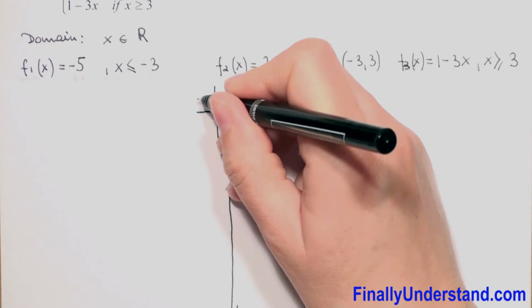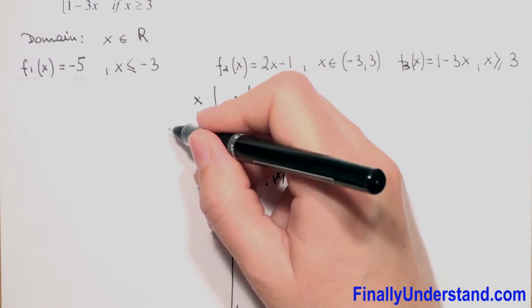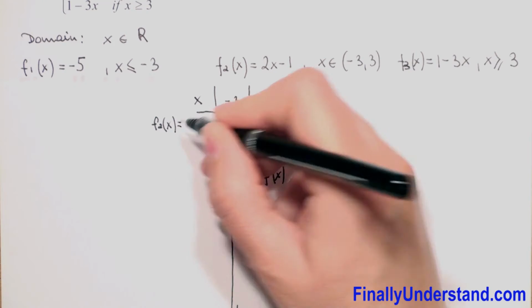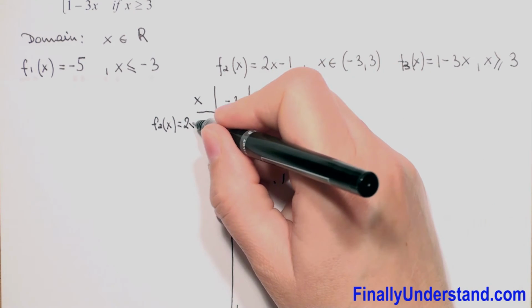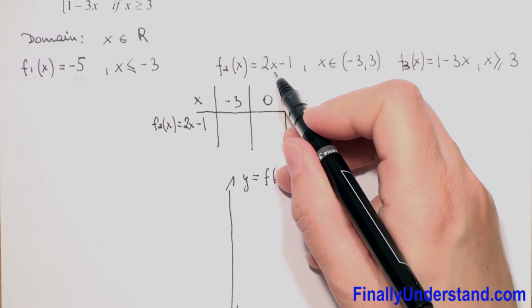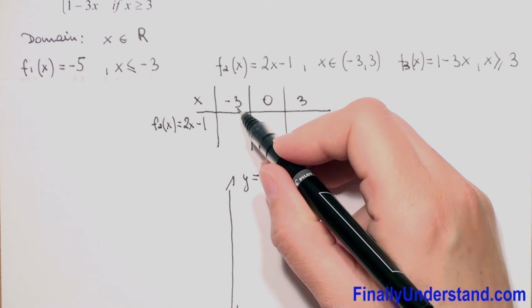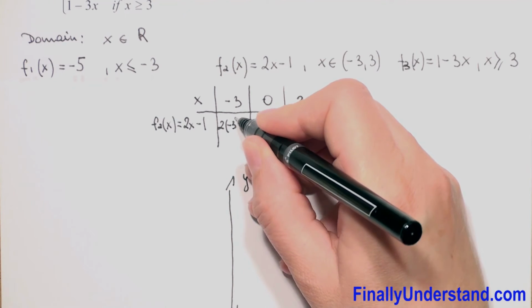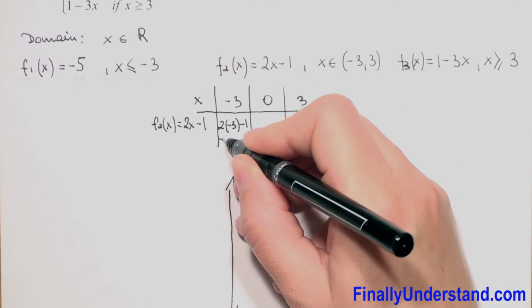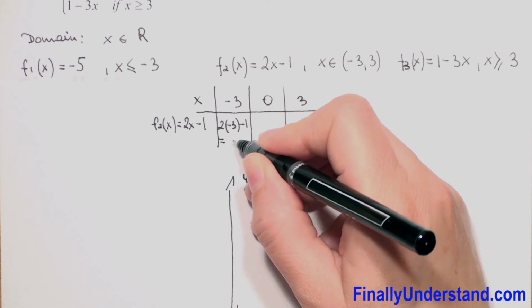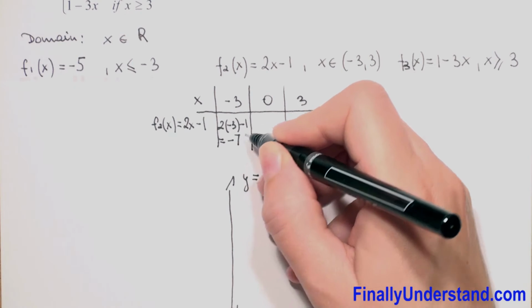We have in first row x. In the second we have f2 of x equals 2x minus 1. First we have to replace x by negative 3. So we will have 2 times negative 3 minus 1. This is equal, 2 times negative 3 is negative 6, minus 1 will be negative 7.